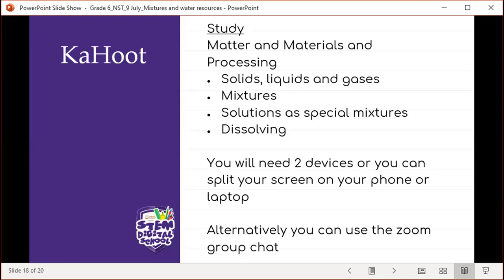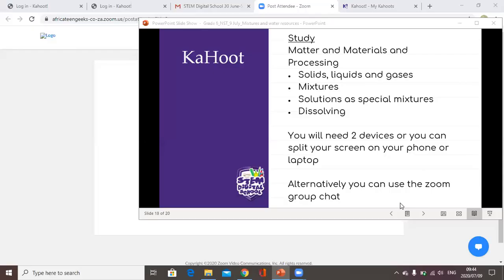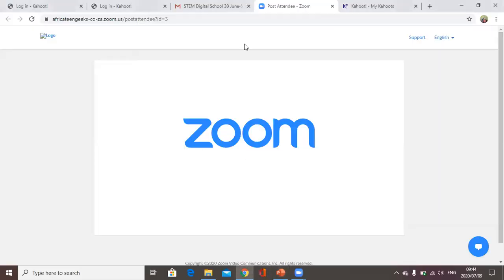Yeah? So you will need two devices, or you can split your screen on your phone or your laptop, or you can use the Zoom group chat to answer. So what will happen is this. Let me just quickly do this. This is basically what will be happening. We're going to have Kahoot.